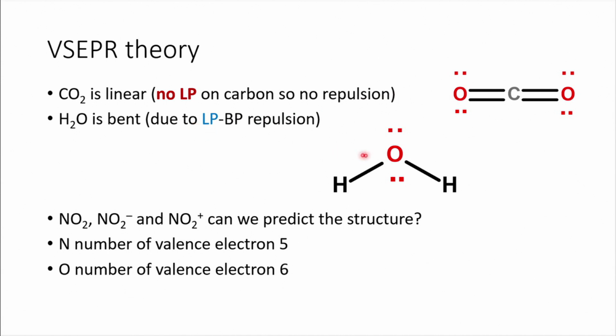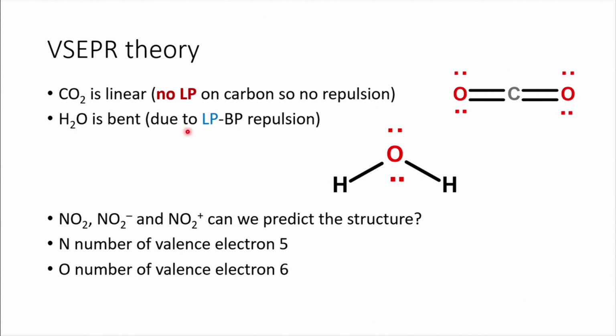But when we go to the water molecule, we cannot simply extend the carbon dioxide case to it. Here we have a central oxygen with two lone pairs on it, and they repel each other, due to which the molecule has a bent structure.